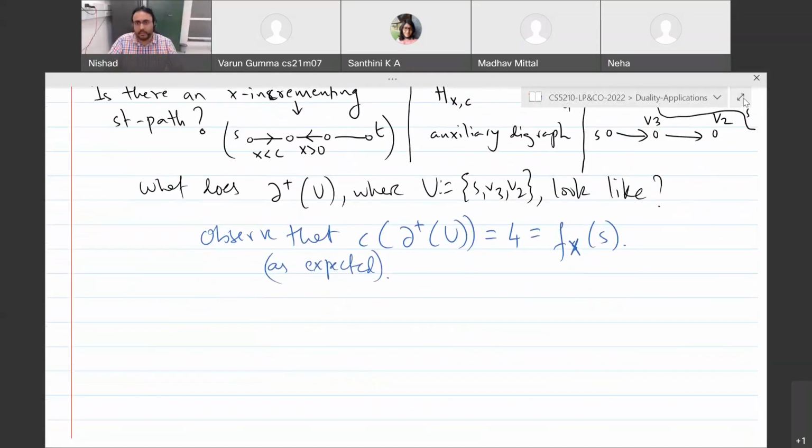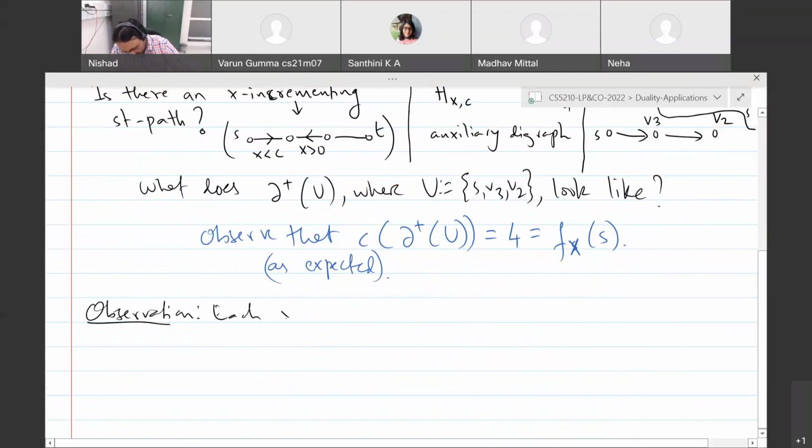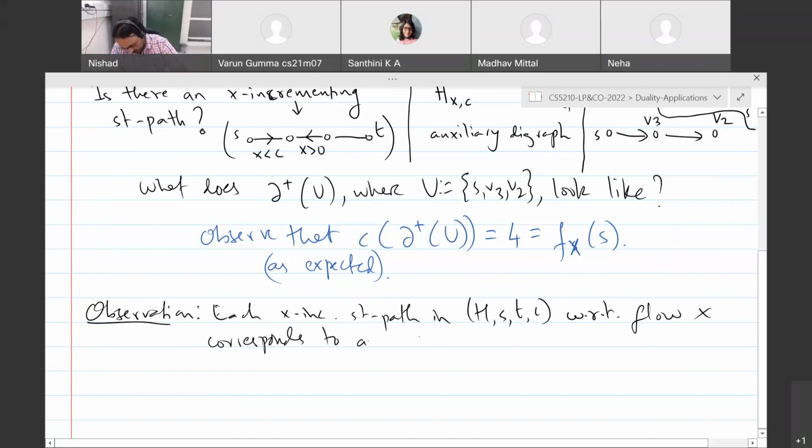So the observation, without proving it rigorously, which hopefully you can all prove yourselves: each x-incrementing s-t path in the given max flow instance with respect to flow x corresponds to an s-t dipath in the auxiliary digraph H_{x,c} and vice versa.